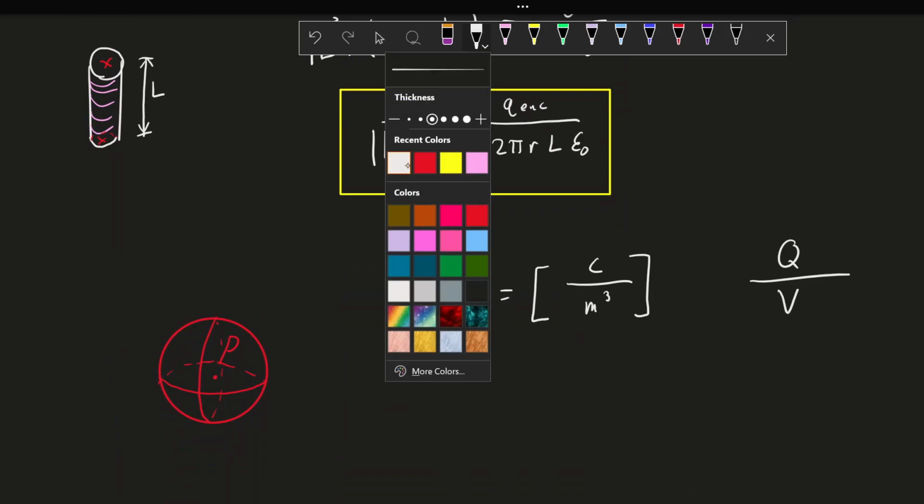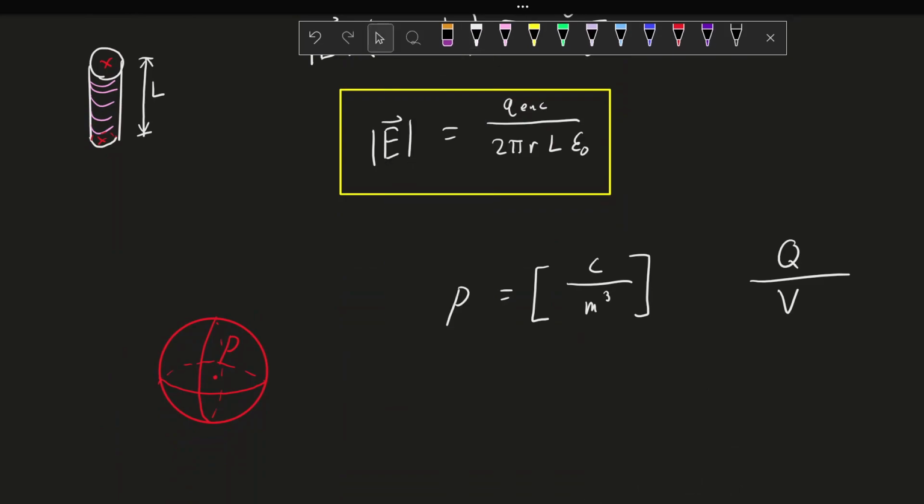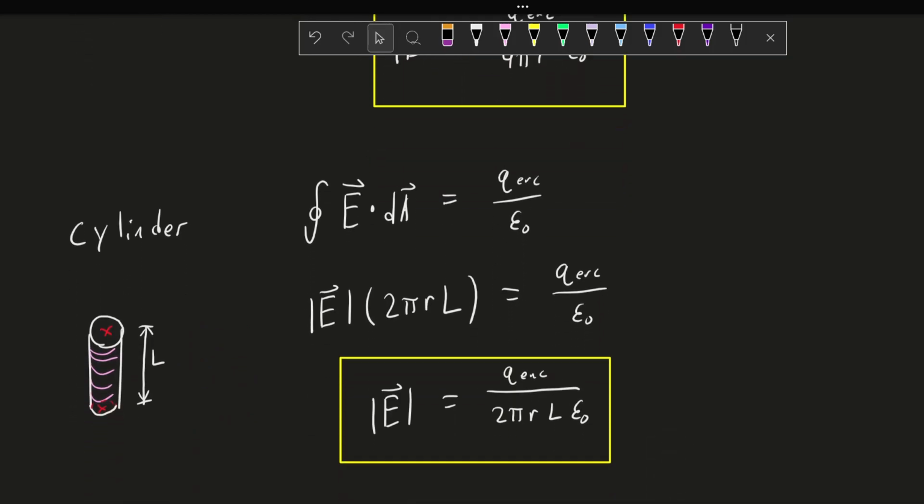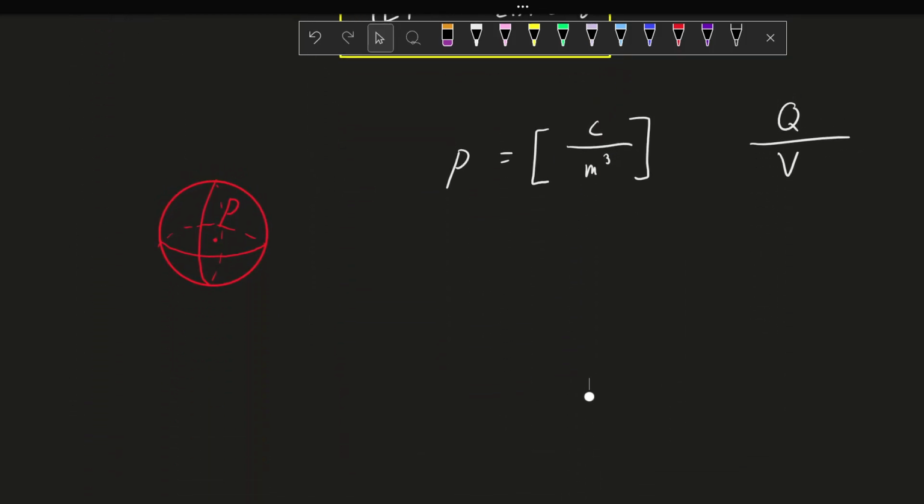So let's say we needed to find the electric field present inside this sphere. We'd say, okay, it's a sphere, so we can just use our sphere formula, and we would just say, okay, E equals charge enclosed over 4 pi r squared epsilon naught.